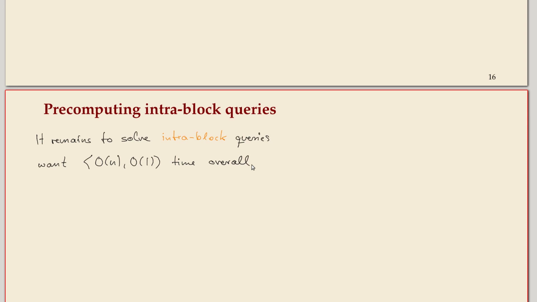And that means pre-processing for all n divided by b rounded up, which is roughly n divided by log n blocks. That's quite a bit, and we have to be careful how to do that.